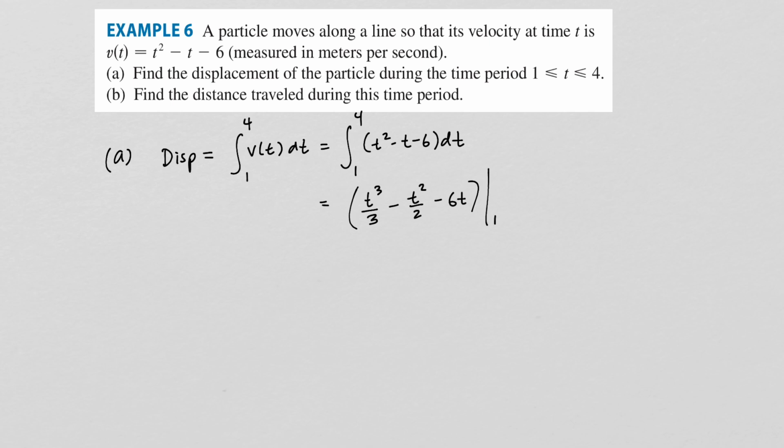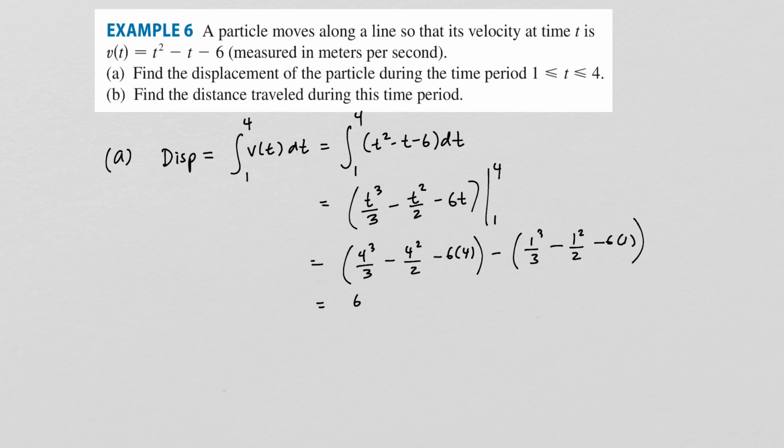And then we have to evaluate that from 1 to 4. And so we get 4 cubed over 3 minus 4 squared over 2 minus 6 times 4 minus the quantity 1 cubed over 3 minus 1 squared over 2 minus 6 times 1.